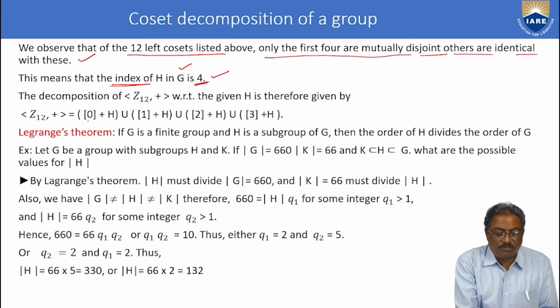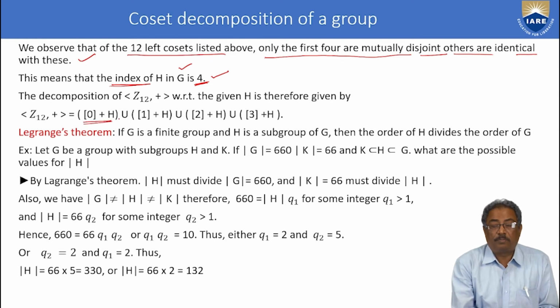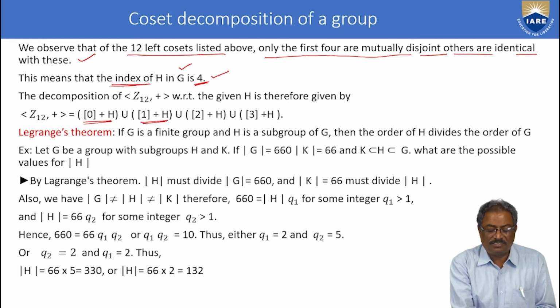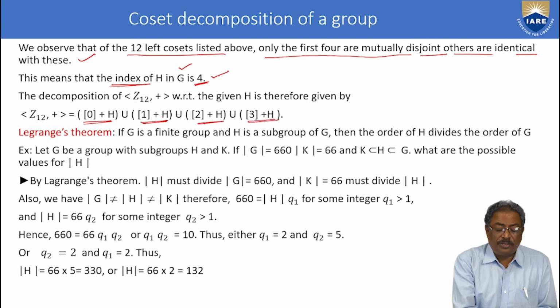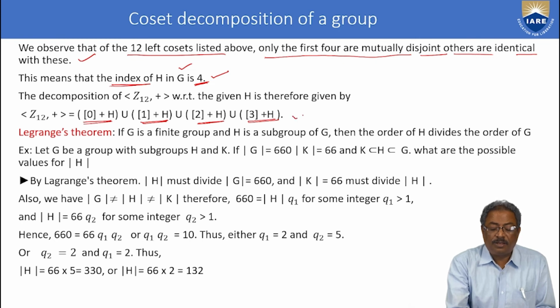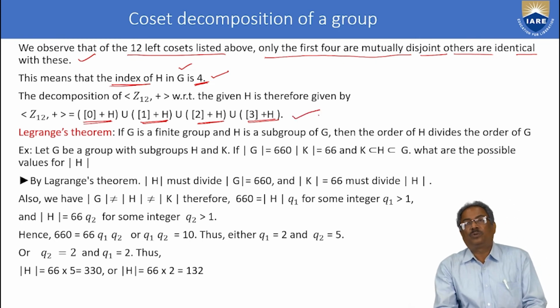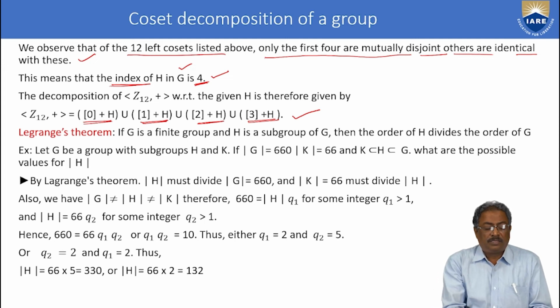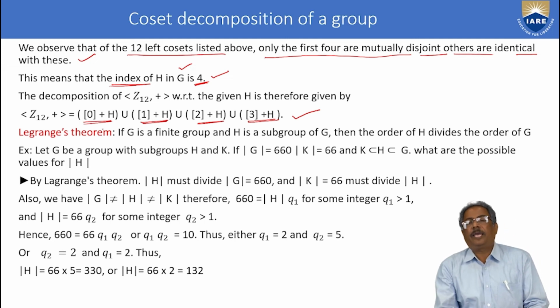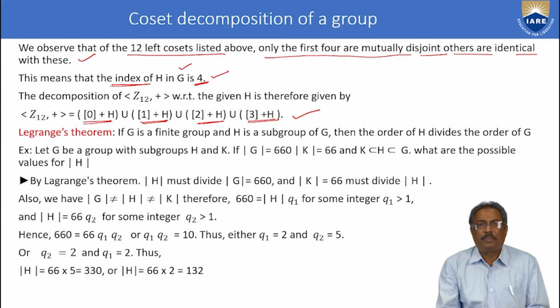So what are those? 0 plus H, 1 plus H, 2 plus H, 3 plus H. Then if I take the union, this is the coset decomposition of a group. Here it is like a partition of a set, which induces the equivalence classes in the same way.